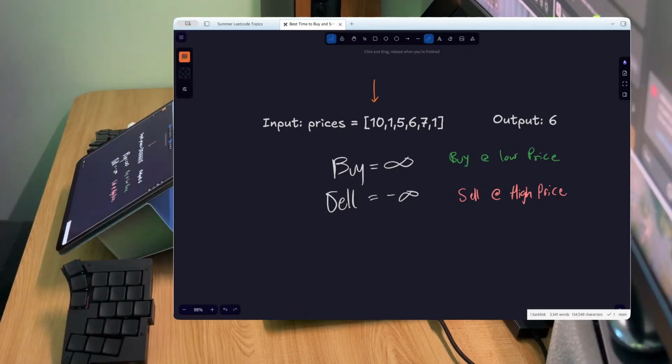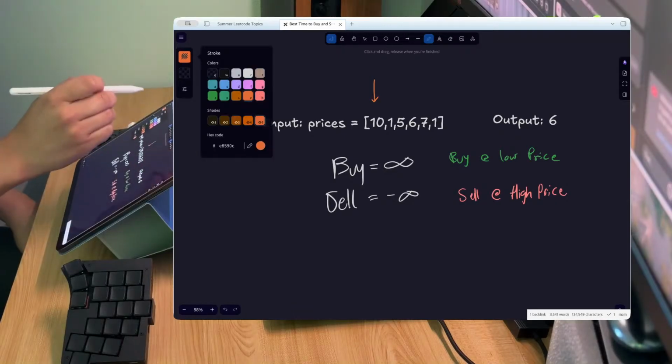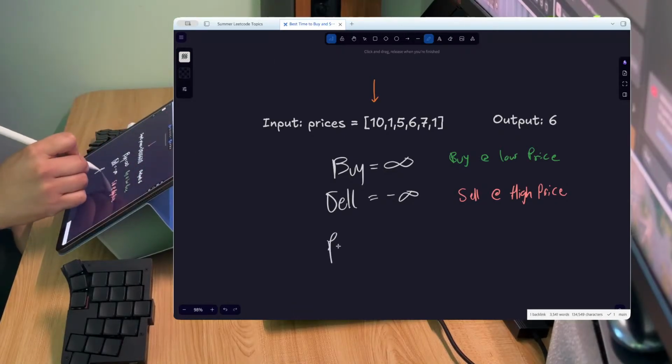Wait, what was the constraint? Something about returning 0 if you can't make a profit? It says you may choose to not make any transactions, in which case the profit would be 0. Let's have another variable called profit.